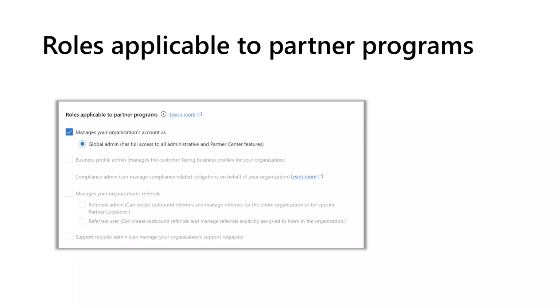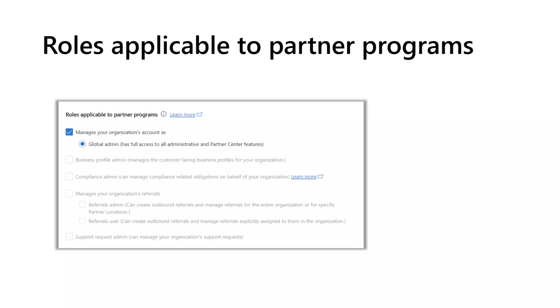These are roles applicable to partner programs. These roles allow you to manage memberships, programs, competencies, and other benefits. They're often specific to a program. For example, a referrals admin is a role within the partner program that can only manage referrals of solutions.